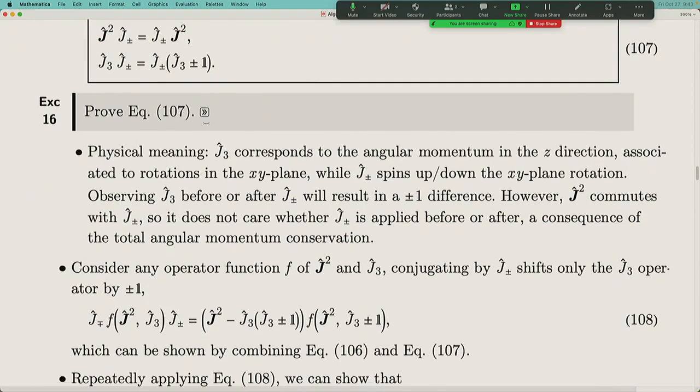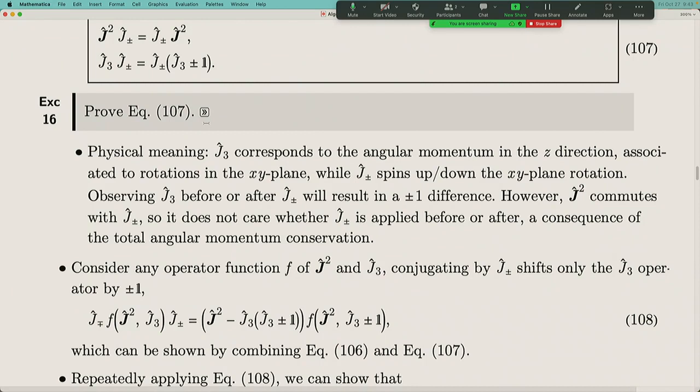Yeah, so the idea is that here I also explained the physical meaning, but that's basically what I said. J3 corresponds to angular momentum in the z direction, associated with rotation in the xy plane. So the raising and lowering operator really should be thought of as a spinning operator, which tries to spin the system up along the z direction, meaning spinning up the rotation in the xy plane.